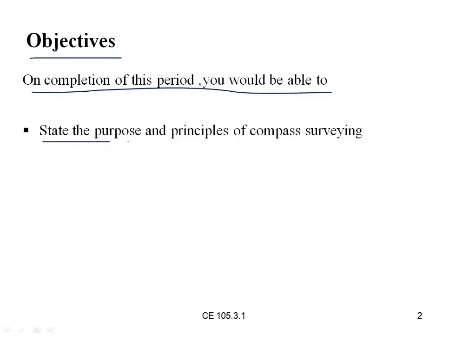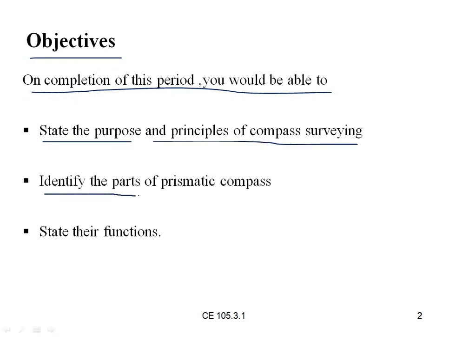Objectives: on completion of this period you would be able to state the purpose and principles of compass surveying, identify the parts of the Prismatic compass and state their functions. Up to now we have seen in our previous classes the chain survey.